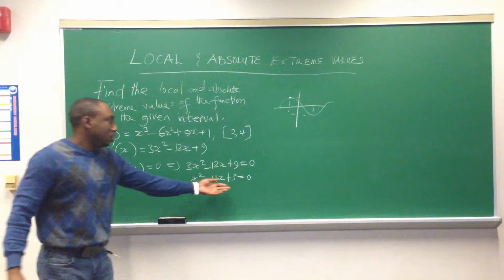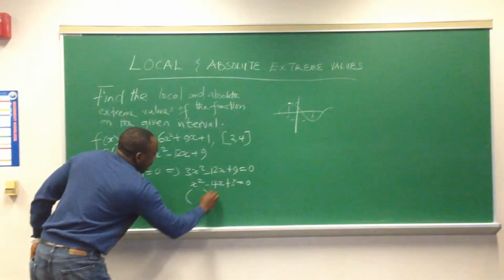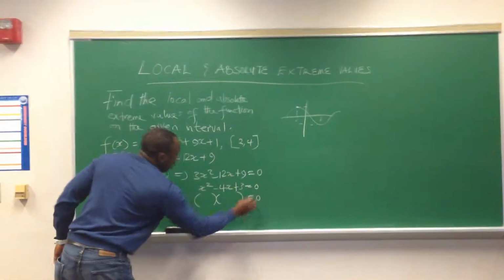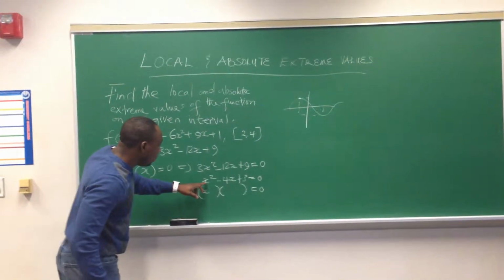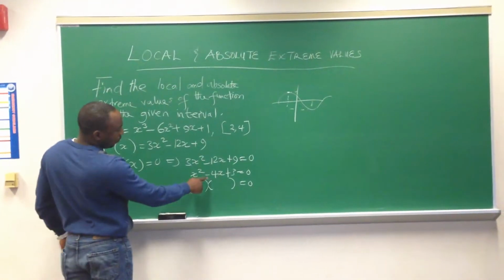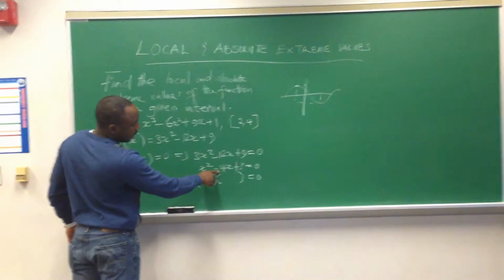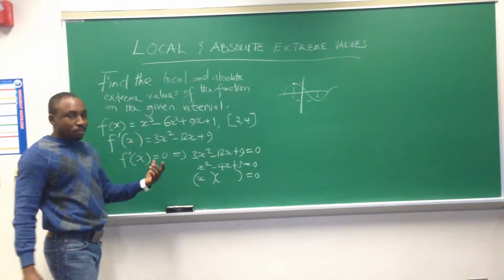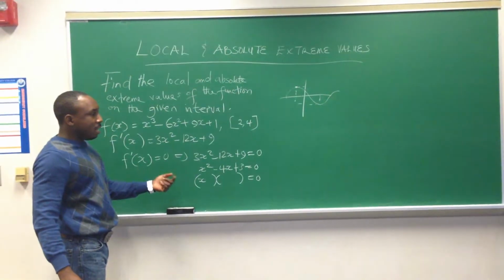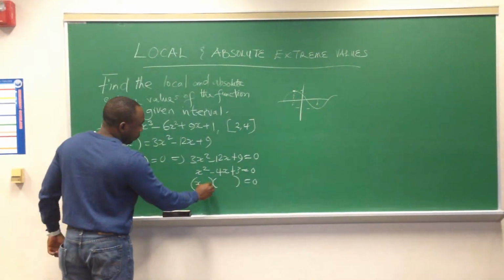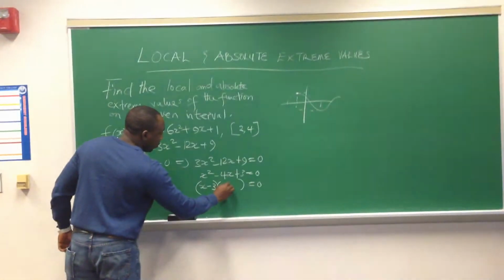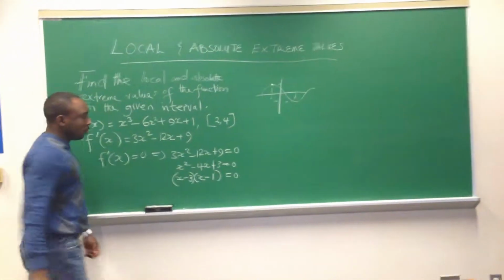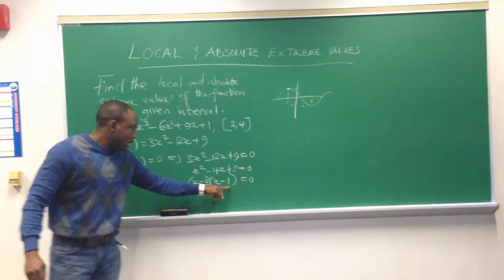Find two numbers such that when they multiply, they give you positive 3, and when they add up, they give you negative 4. It's going to be negative 3 and negative 1.